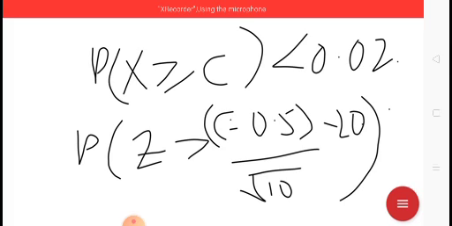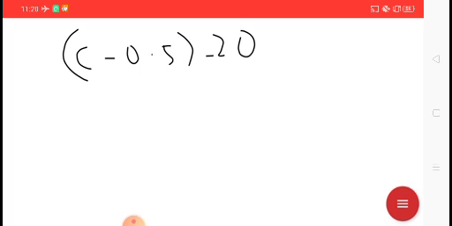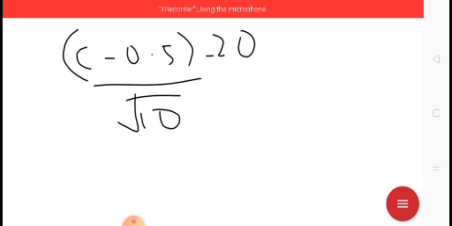So now we proceed. If I directly put it this way, I get a Z value out, and this one I can put equal. So you can refer to the diagram and see what happened. If it is smaller than 0.02, if you refer back to the formula booklet, find 0.02, the other side will be 0.98.